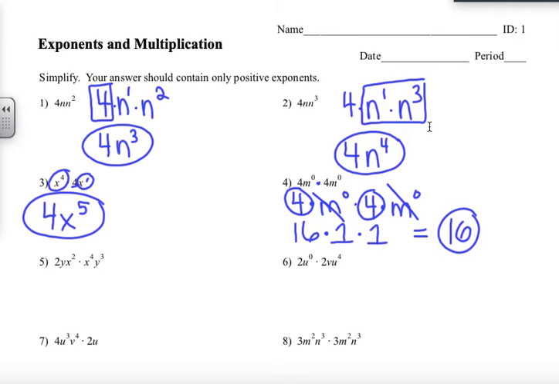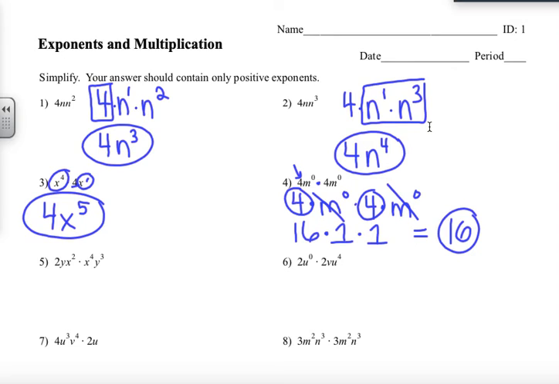Anytime you have m to the 0, you literally can just cross it off. It just equals 1. When you're multiplying, 1 never changes the value of a number, so you don't have to worry about it. You almost can just cross it off because it will just go away. But only the thing attached to the 0 will go away. Like this 4 does not go away because the only thing attached to the exponent of 0 is the m underneath.